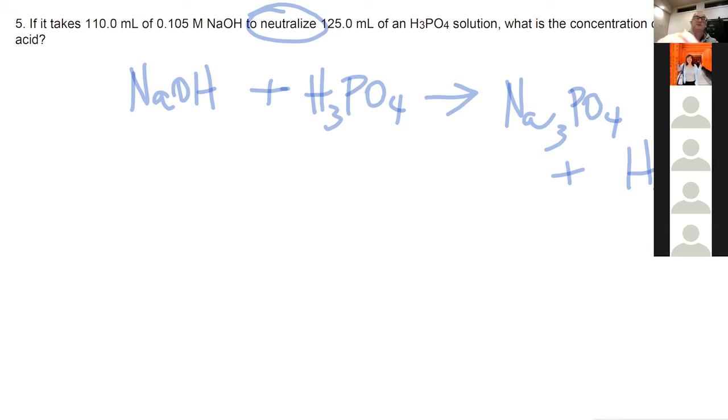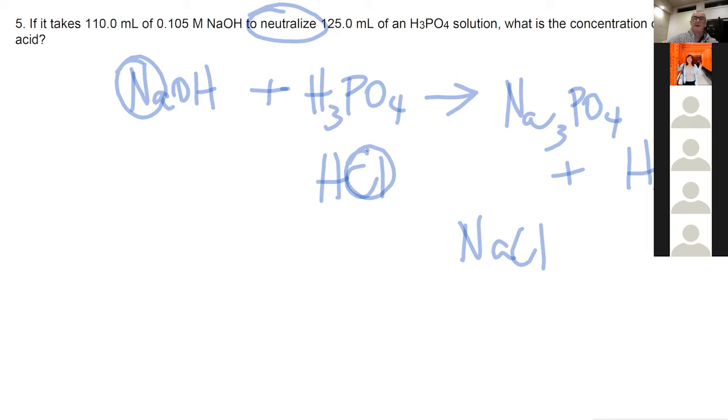If this was HCl and it formed NaCl in water, then sodium and the chloride ions would be spectator ions because they'd be there at the beginning and they'd be there at the end and they'd have the same charge.